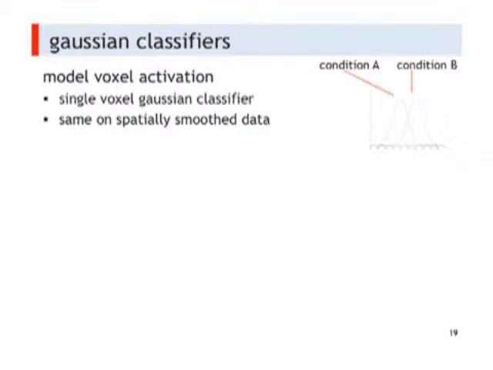And we're going to say, well, what a voxel does is have one mean value in one condition, another mean value in another one, and then there's noise on top, and the noise is Gaussian. So this is the exact counterpart of doing a t-test.